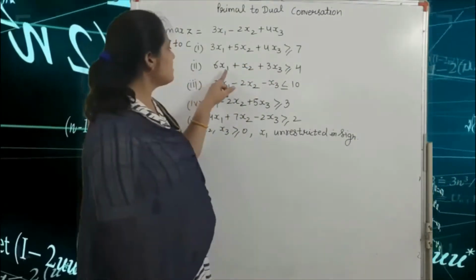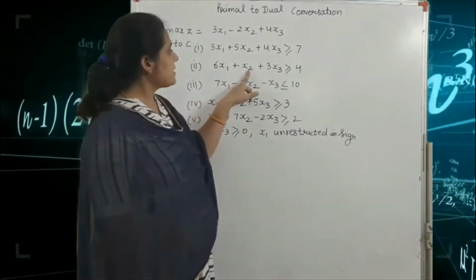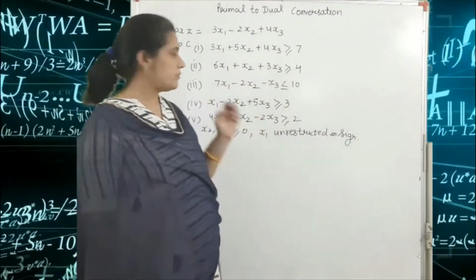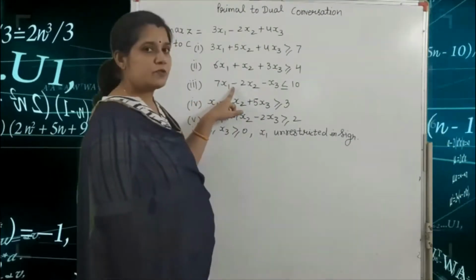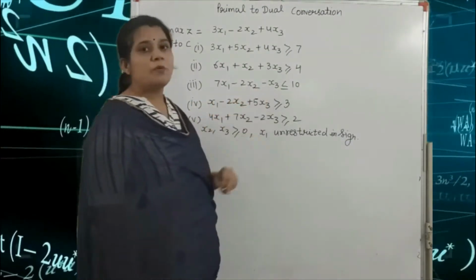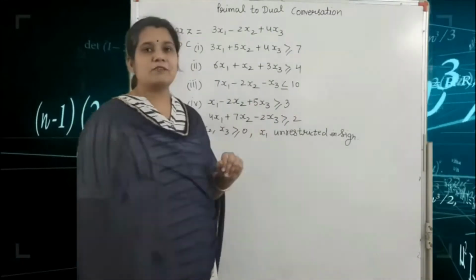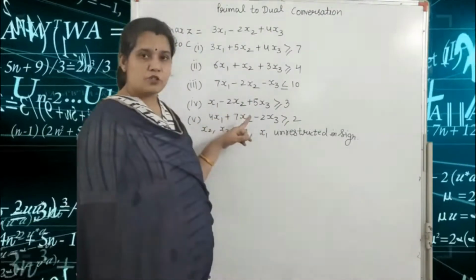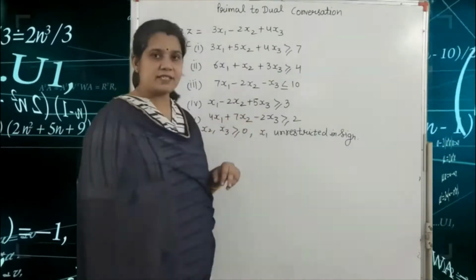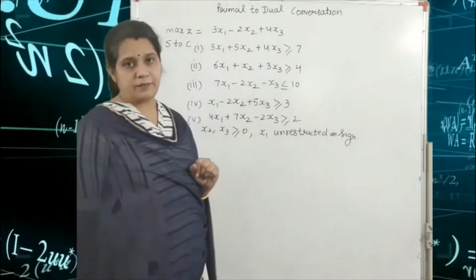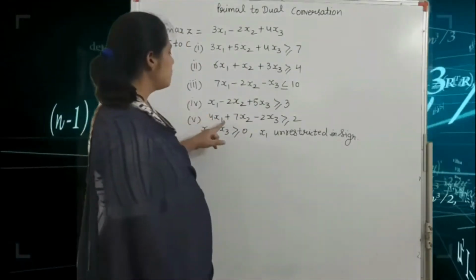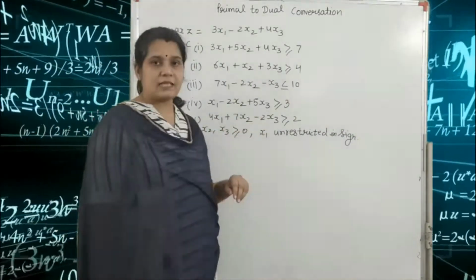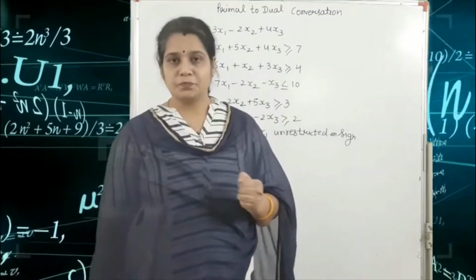The second equation is 6x1 + x2 + 3x3 greater than or equal to 4. The third equation is 7x1 - 2x2 - x3 less than or equal to 10. The fourth equation is x1 - 2x2 + 5x3 greater than or equal to 3. And the last equation is 4x1 + 7x2 - 2x3 greater than or equal to 2.